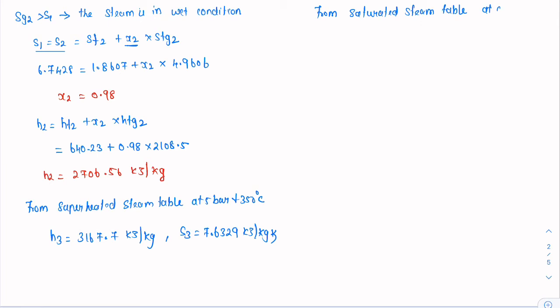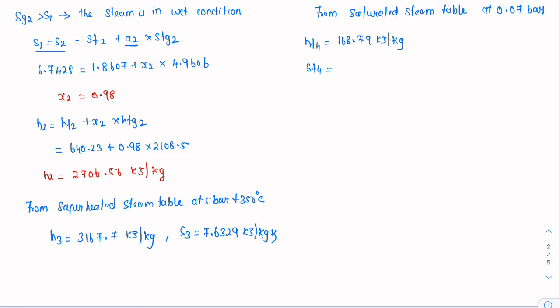From the saturated steam table at 0.075 bar, the value of Hf4 is equal to 168.79 kilojoule per kg.